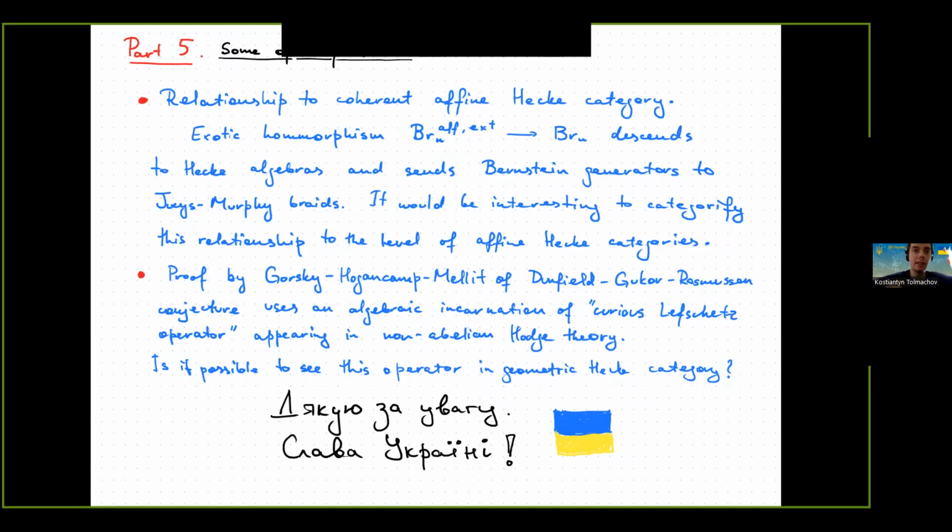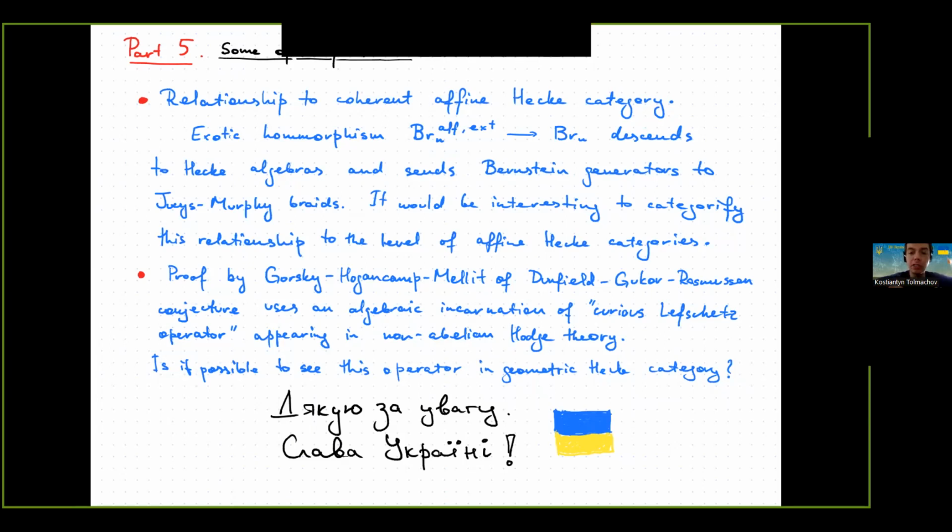And the second is that the proof of the symmetry of the triply graded link invariant by Gorsky, Hogancamp, and Mellit is actually done in a very different way, not using the Koszul duality type statement, but using some completely different structure known as curious Lefschetz operators, which appears in the non-abelian Hodge theory construction and was constructed by Mellit earlier.